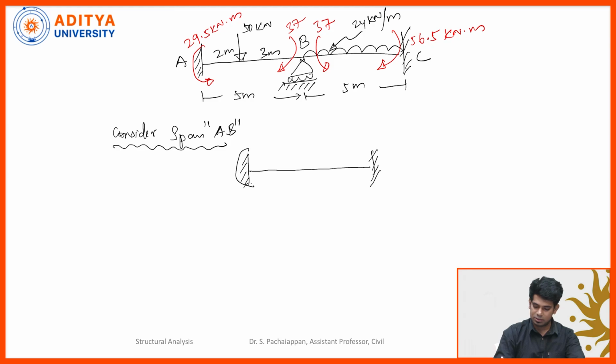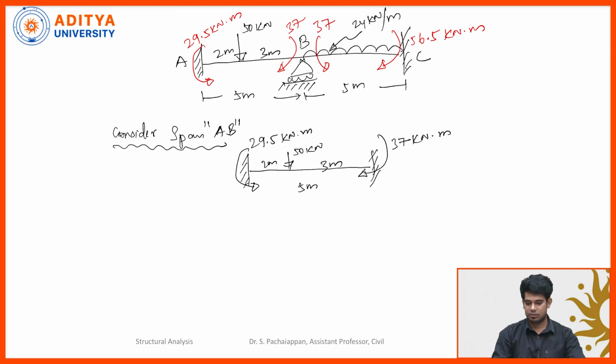So this is 29.5 kilonewton meter and this moment is 37 kilonewton meter. Span 5 meters. And then the point load is 50 kilonewton, and this is 2 meter distance and this is 3 meters distance. Let's mark the supports, support A and then support B.